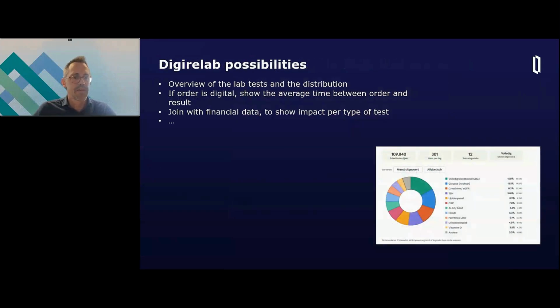So what are the possibilities? First, it's very easy to get the overview of the lab tests and the distribution. And even if the order of a lab is digital, you could also show the average time between order and result. And if you are able to join that with financial data, you could show the impact per type of test, whatever.